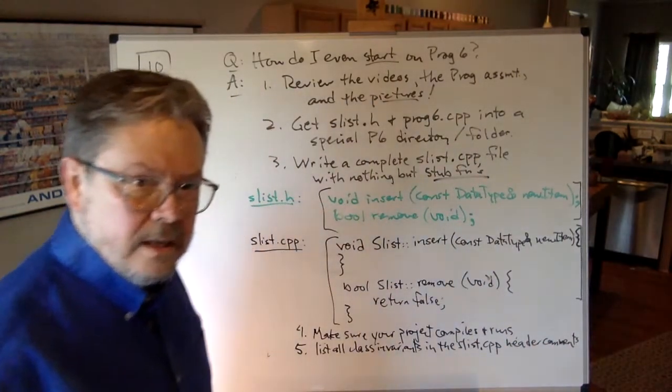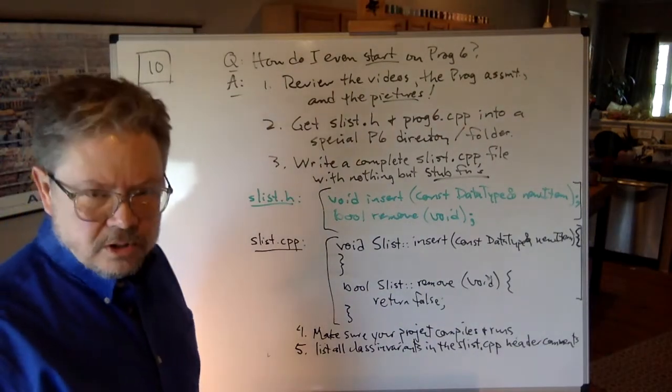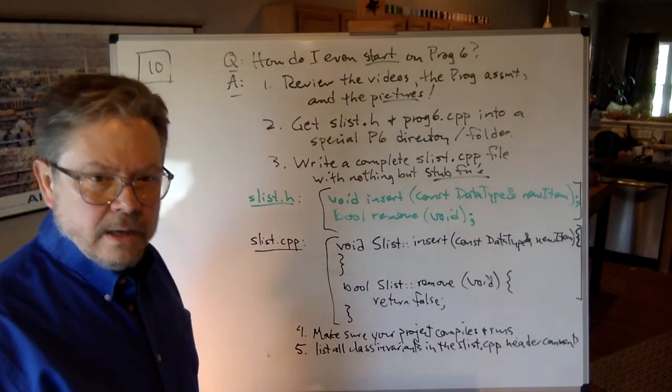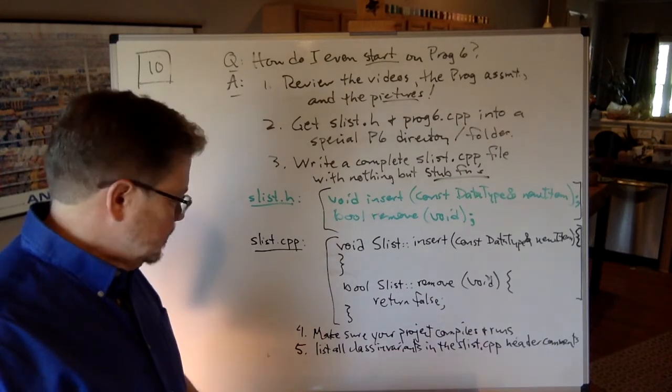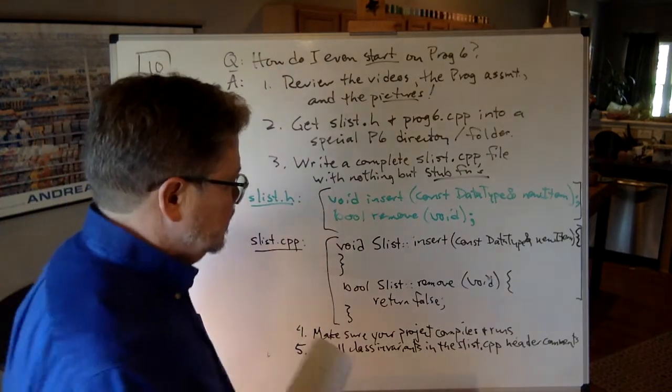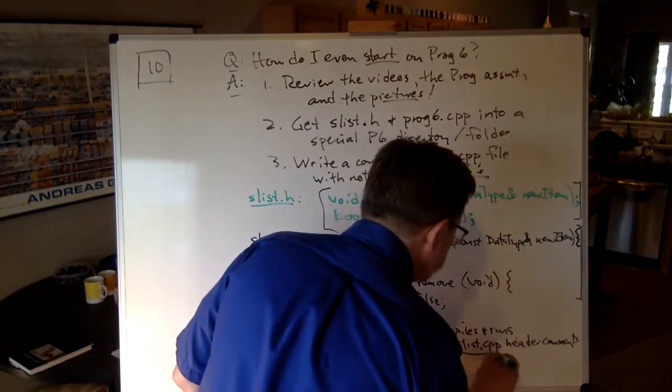A list of things, a list of rules by which you must abide. The cursor always points at some node. The last node in the list always has 0. List all class invariants in the slist.cpp file.